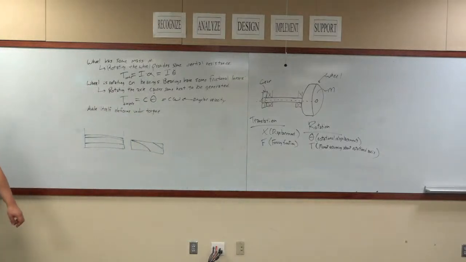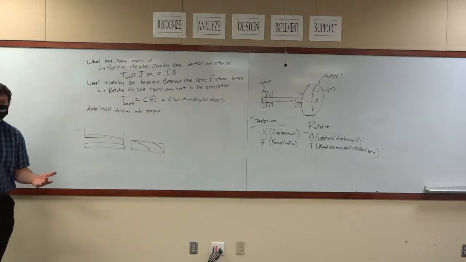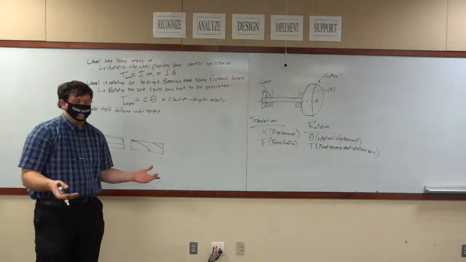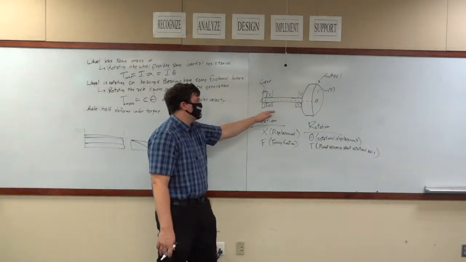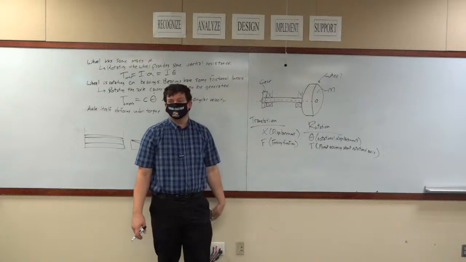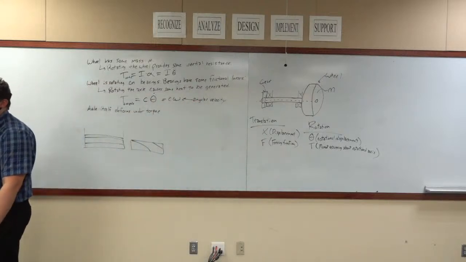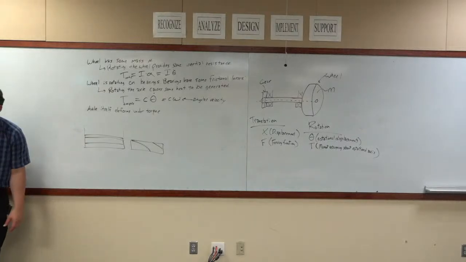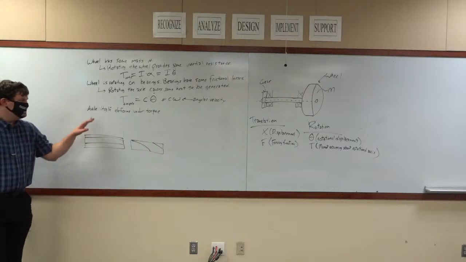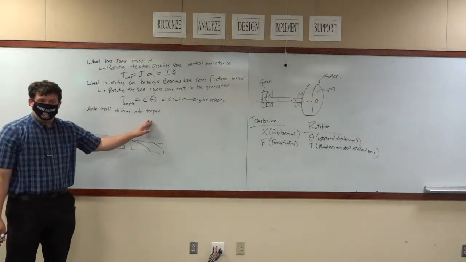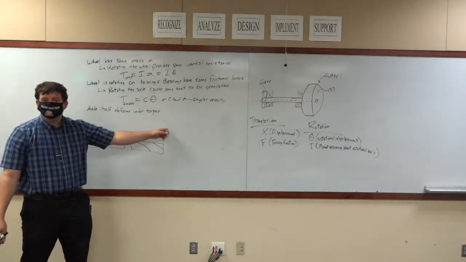You cannot apply a force to a material without that material deforming. You cannot apply a torque to a material without that material deforming. And here, the torque in this axle is going to be storing energy. Turns out the longer the axle, the more energy ends up getting stored because it has to rotate further. Because the axle itself deforms, it behaves like a spring.